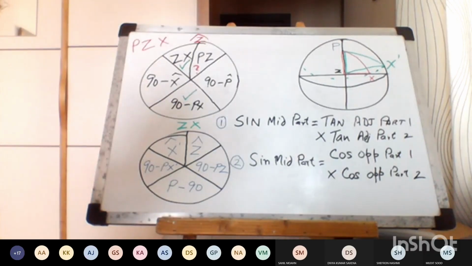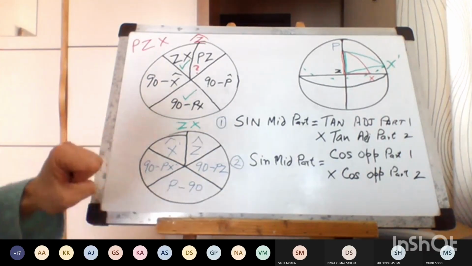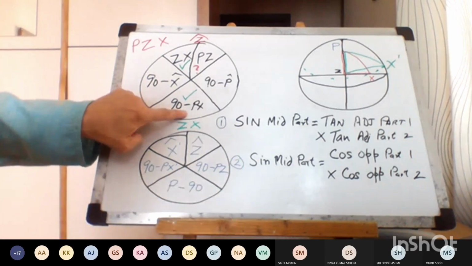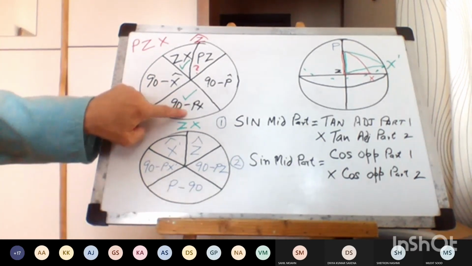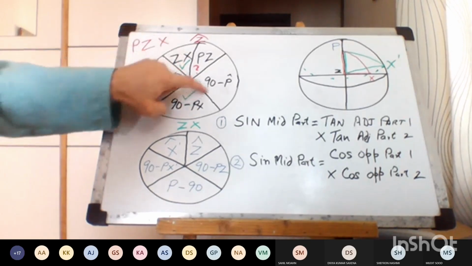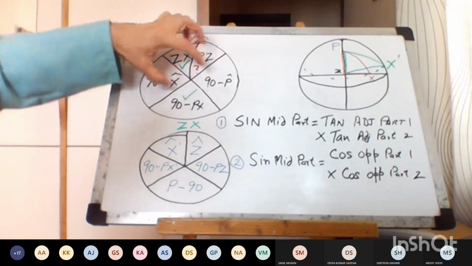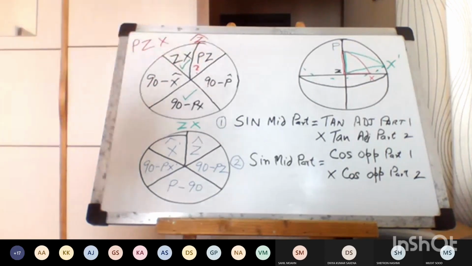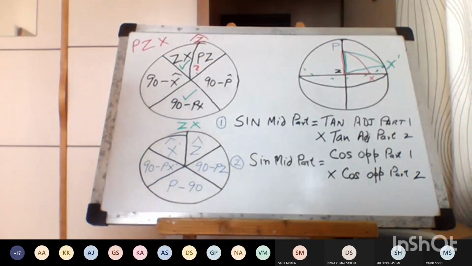So I will not be able to solve the problem. So nothing prevents me from using this as the mid part. Sine mid part is equal to cos opposite into cos opposite. After leaving one, the other two become opposite. Yes, gentlemen, any question over here?